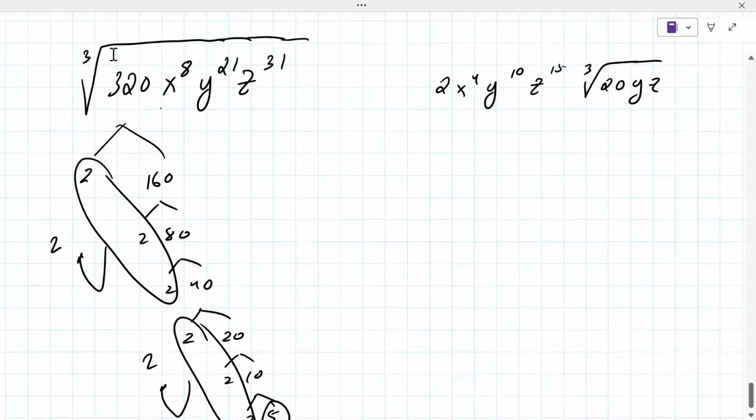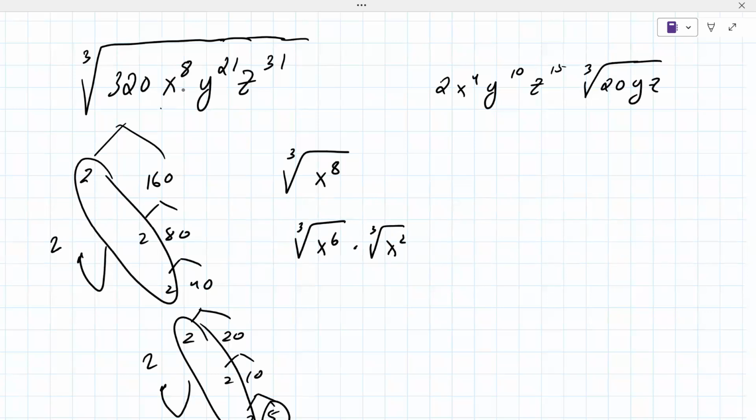The bigger issue is that I think you thought this was a 2, so you thought, okay, I'm going to cut that in half. It's really x to the eighth is really the cube root of x to the sixth times the cube root of x squared. So it's the x to the sixth that gets divided by 3 to give you x squared.